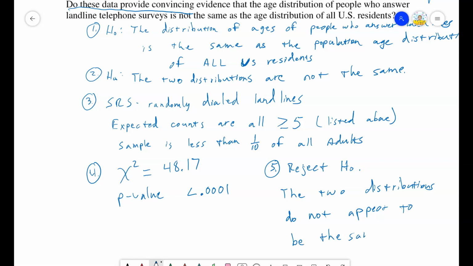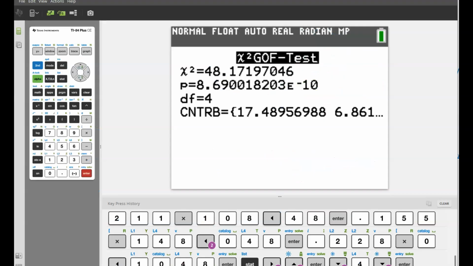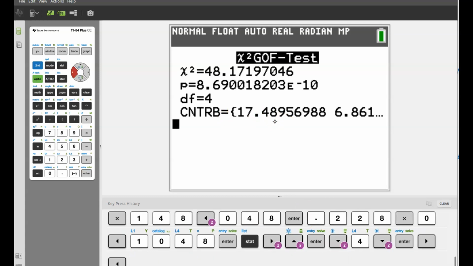And if we wanted to go a step further, sort of how I was thinking earlier, and say how they're different, well, then we can look at the expected values and the observed values, or we can actually go to our chi-squared. See these contributors to the chi-squared? We can see how big they are. That first group contributed a value of 17 to chi-squared. The next group contributed 6.7. The middle group contributed the least. There's not a big difference in that one from what we'd expect.